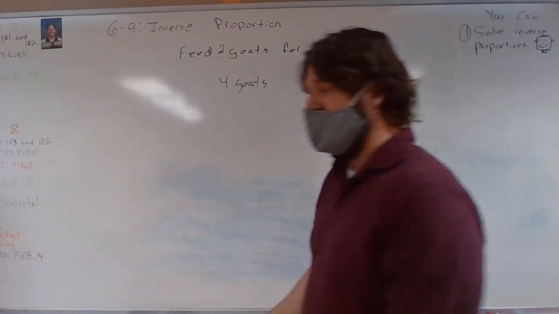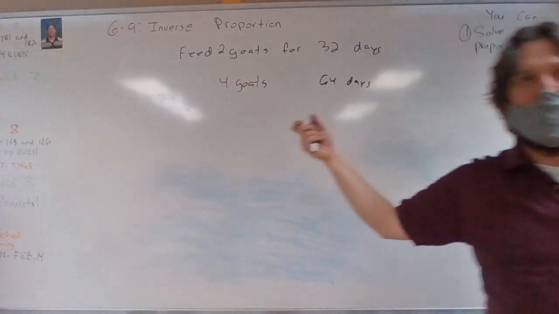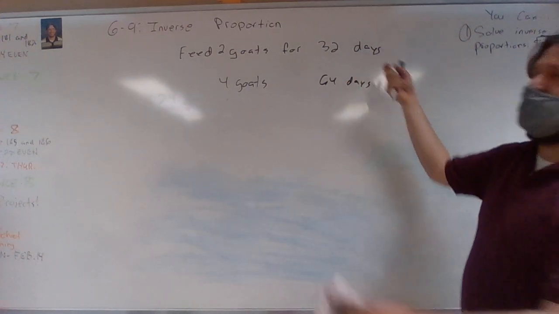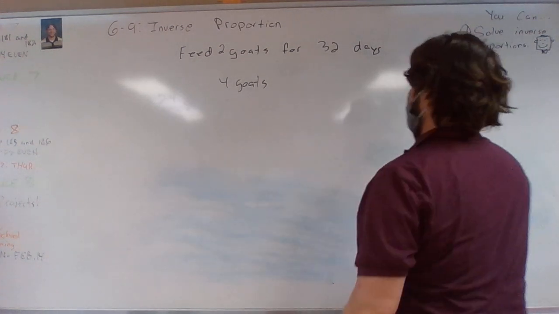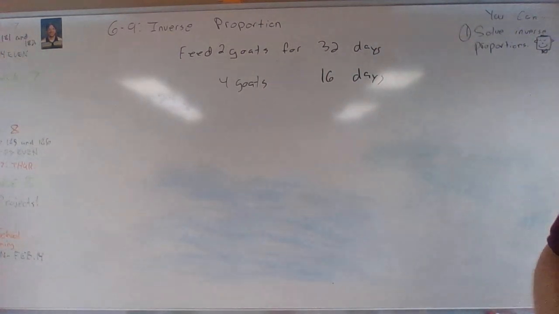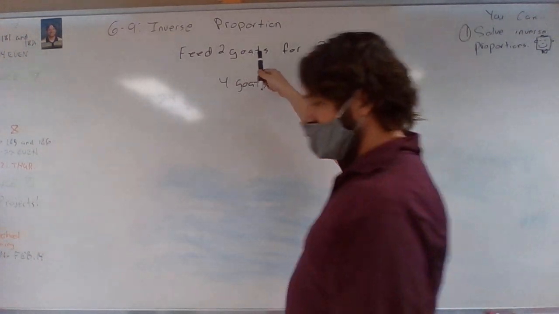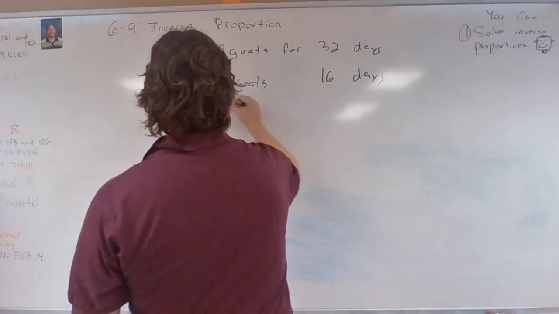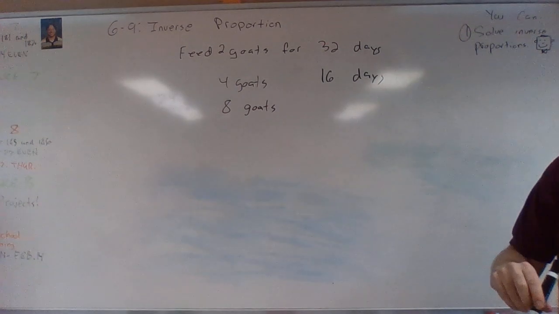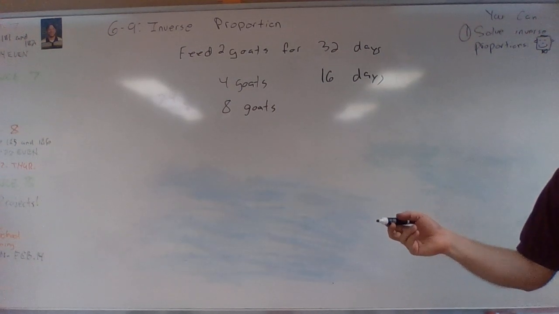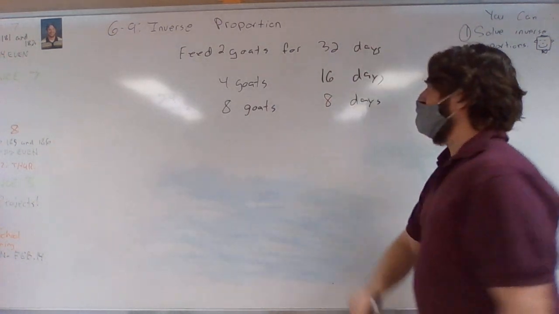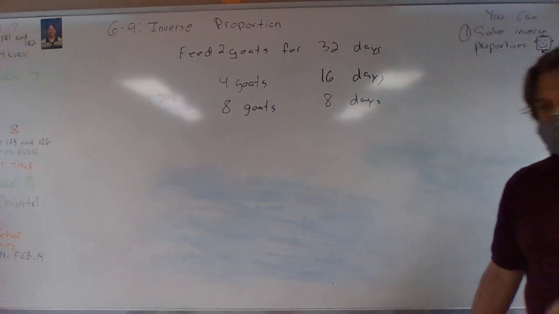Well, no, obviously not. Because now I've doubled the number of goats, which means the amount of food I'm going to have per goat is going to decrease. Now say for example I have 8 goats. Well, once again, assuming I don't buy any more food, now I would have enough food for 8 days to feed the goats.